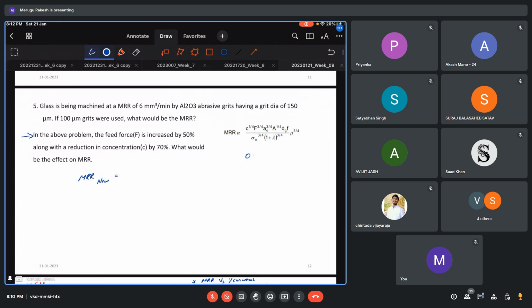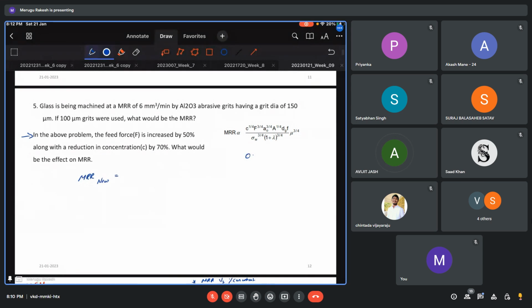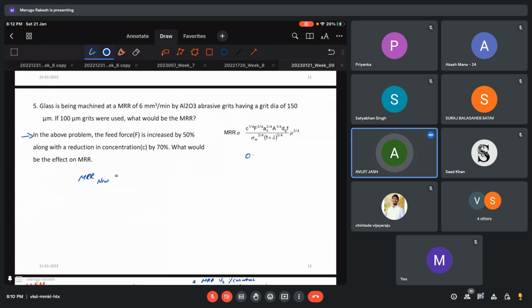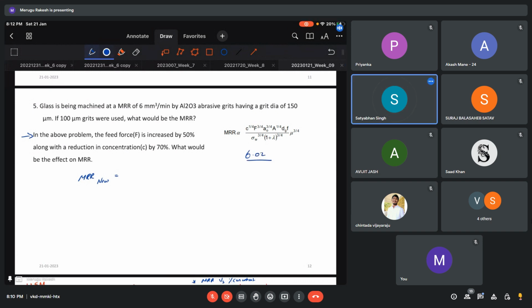So almost no change. Give me the exact value of MRR, like 6.02. You should give the old MRR.